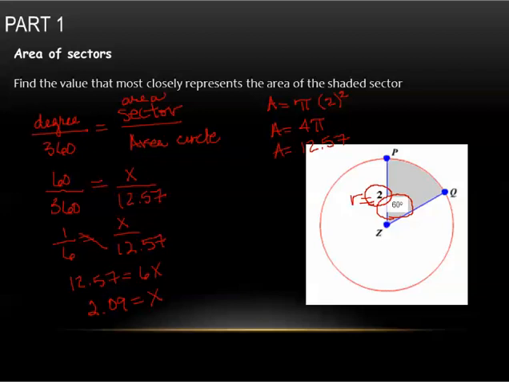And remember, x up here is the area of the sector. The area of the shaded sector was what I was supposed to find in my problem. So that's my answer right there. Like I said, once you've got your proportions set up, this is pretty easy. But until you get to that point, it might be a little hard.